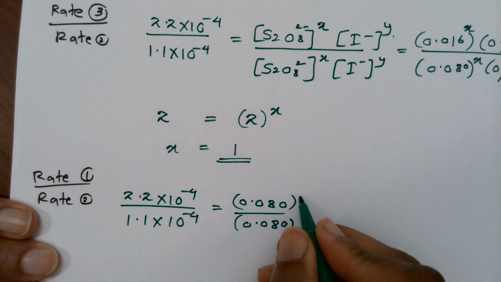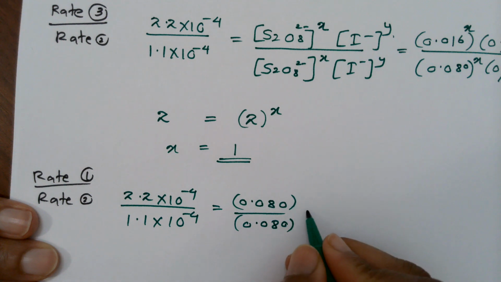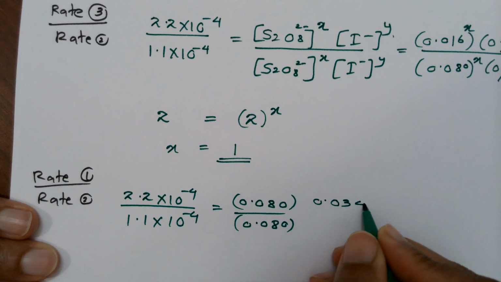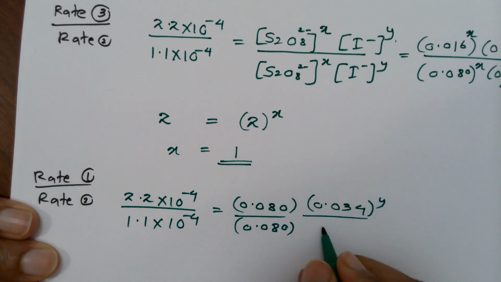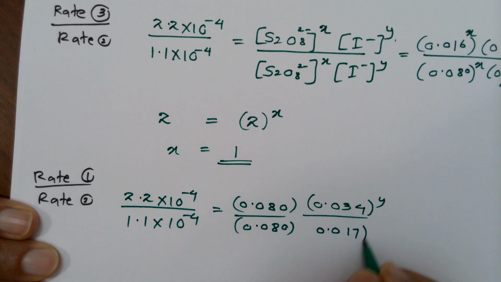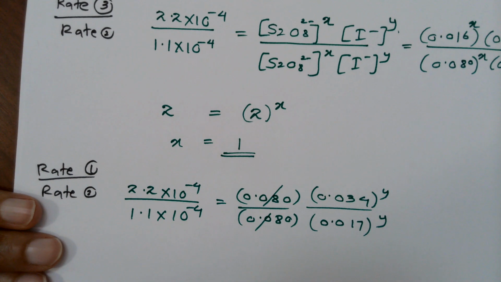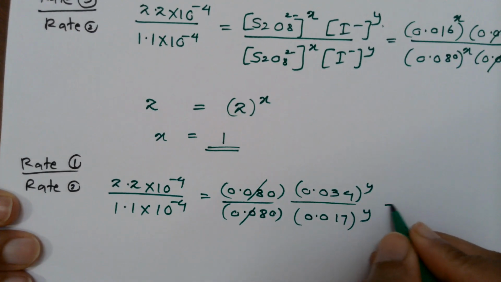Now x is 1, we already know that, and this is I minus concentration 0.034, order is 1, divided by, in the second experiment, I minus concentration 0.017 to the power y. So we can cancel these two, those are equal.